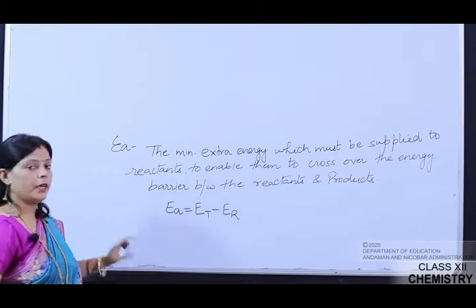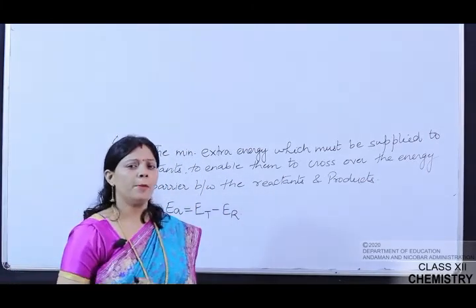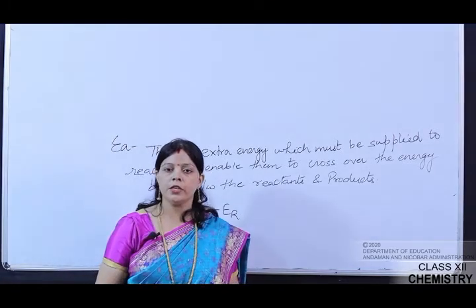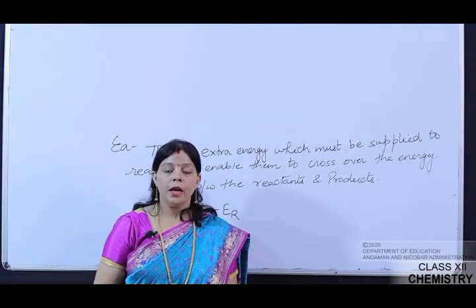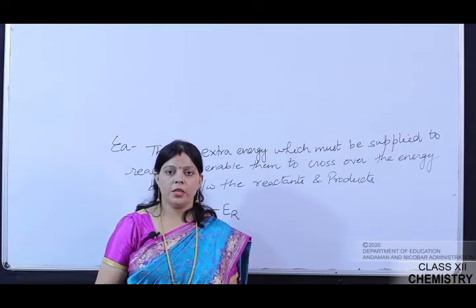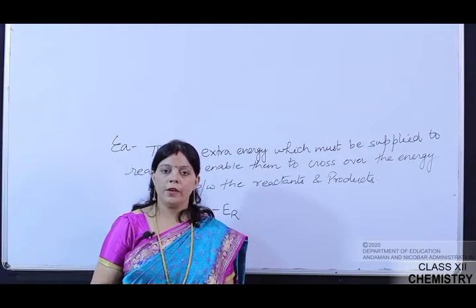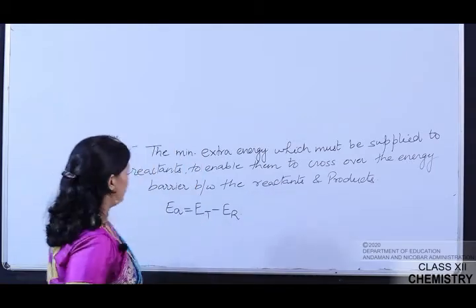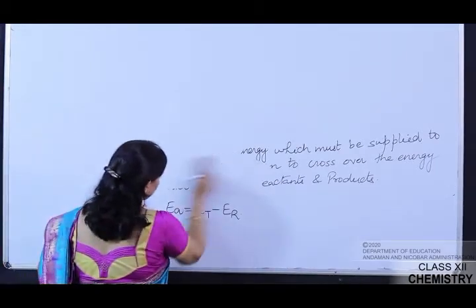After that we come to the next point, that is, what is the basic idea of activation energy and the energy barrier involved in a chemical reaction. This can be graphically represented as follows.